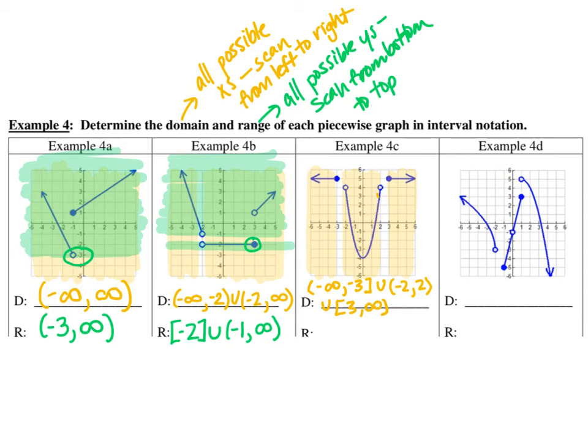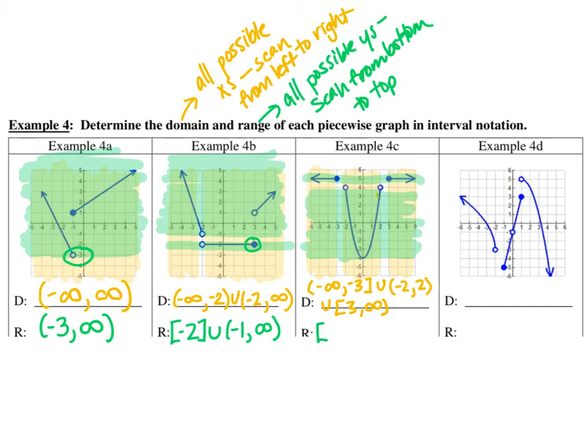And now let's take a look at the range here. So remember, we scan from bottom to top. So we start at -4, and we scan up till we get to +4, and then we have to jump till we hit 5. So let's write this in interval notation. So we start at -4, and we include that in a bracket.